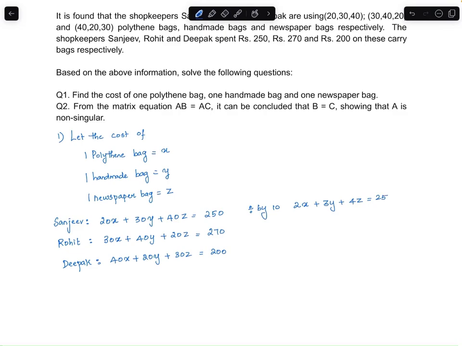Again, dividing the second equation by 10, we get 3x plus 4y plus 2z is equal to 27. Dividing the third equation also by 10, we get 4x plus 2y plus 3z is equal to 20.